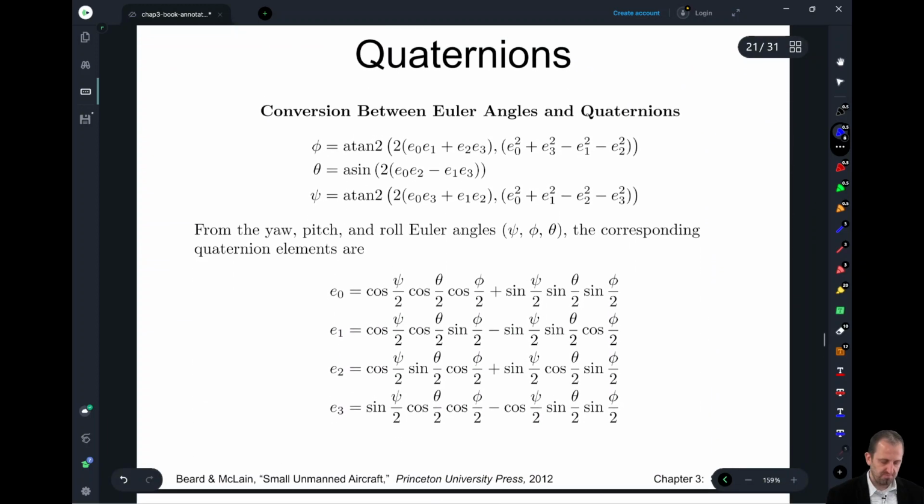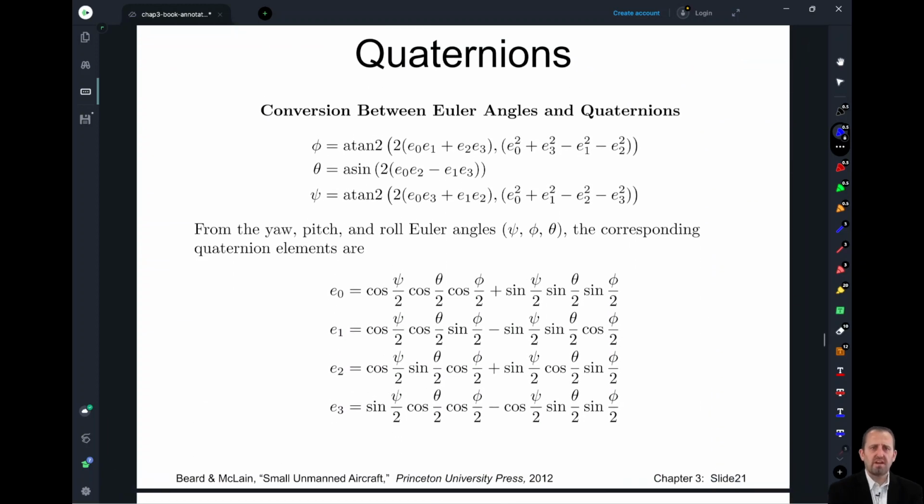If we're going to convert between our Euler angles and our quaternions, we need to define the relationship, and the relationship is really nicely defined.